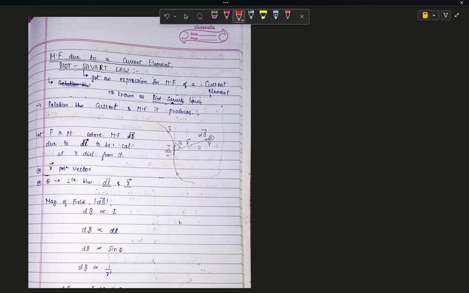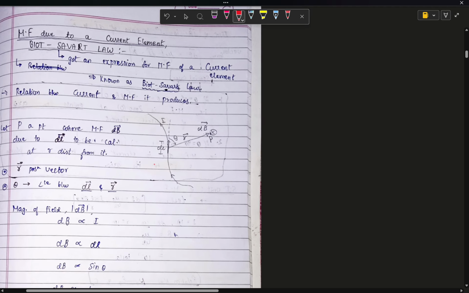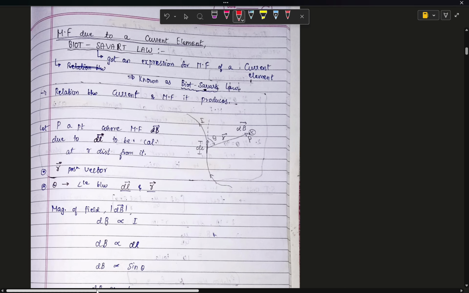If you have a small current element, Biot and Savart, the scientists, got an expression for the magnetic field of a current element. Let's say you have a current element dl. What is the magnetic field produced by this dl element at any particular general point, let's say point P?